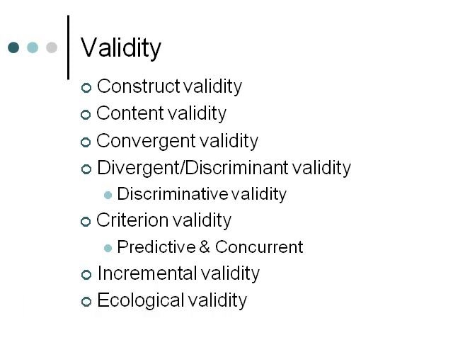The last type of validity to talk about would be ecological validity. This should tie in nicely with what we talked about before about external validity. Ecological validity is the extent to which measurement is congruent with the real world.